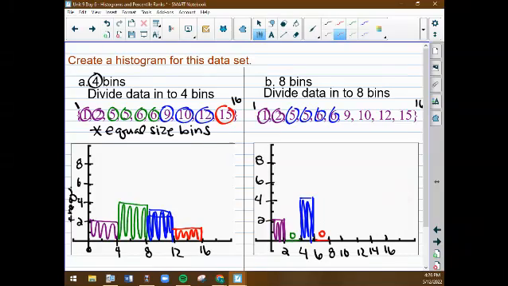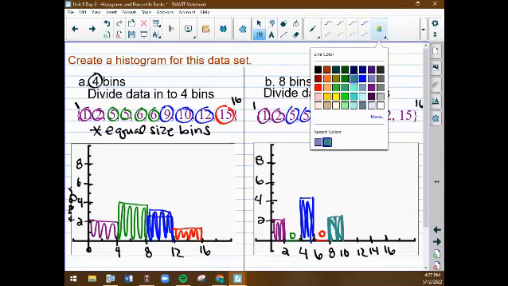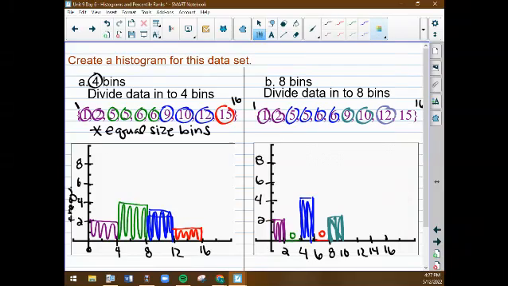And then how many values do I have that are between 8 and 10? Well, I've got 9 and 10, so I have 2 values. How many values do I have between 10 and 12? Well, I've got 1 value.